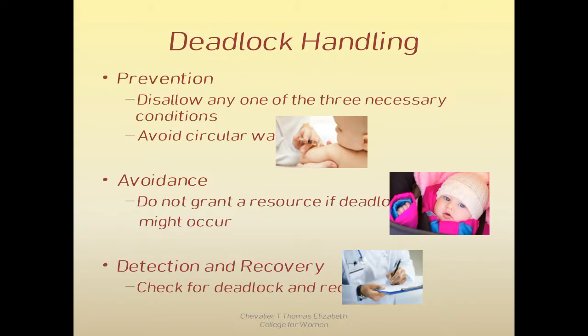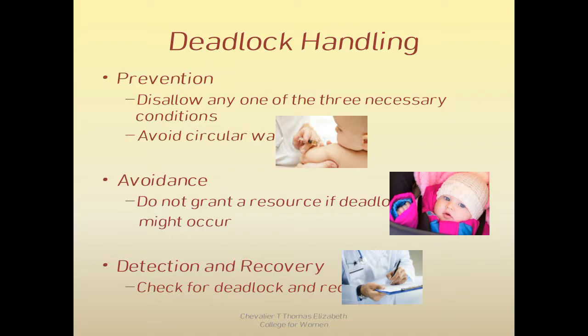Now, how do we prevent these deadlocks? There are 3 strategies adopted to handle deadlocks. The first one is prevention. We all immunize our kids, and we all were immunized when we were kids, in order to safeguard us from certain deadly diseases. So that is prevention.